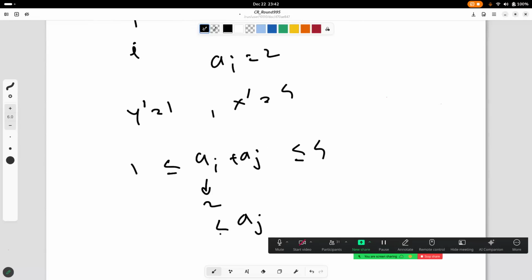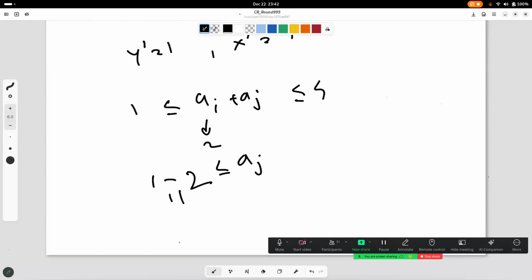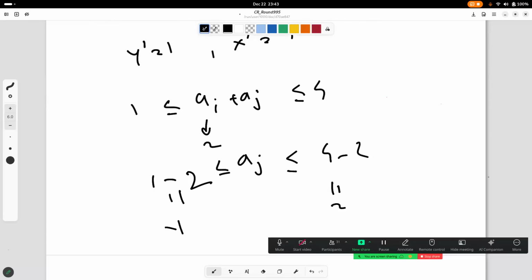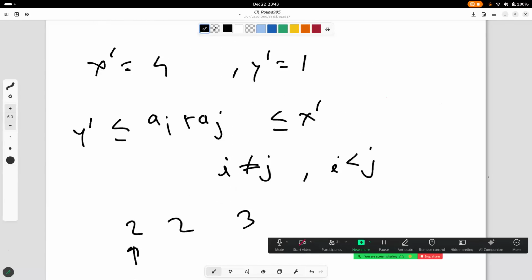So that implies a[j] is at least 1 minus 2, that is minus 1, and at most 4 minus 2, that is 2. So our a[j] would lie in the range minus 1 to 2.